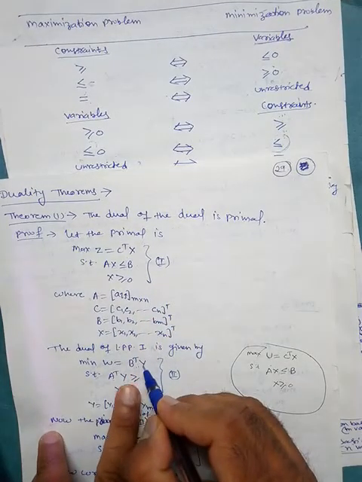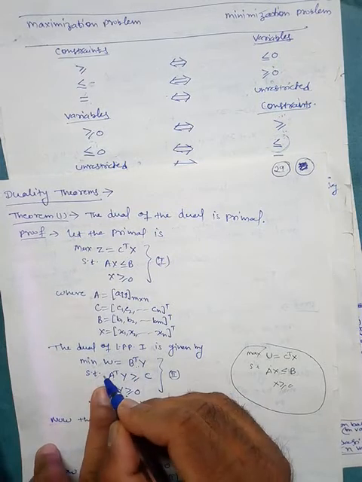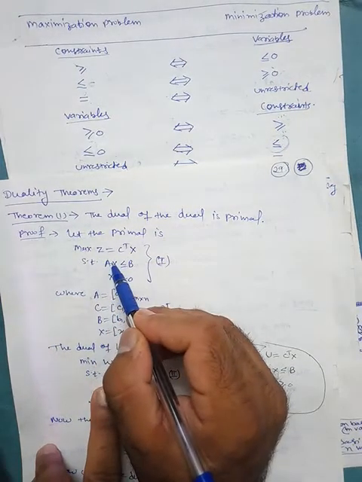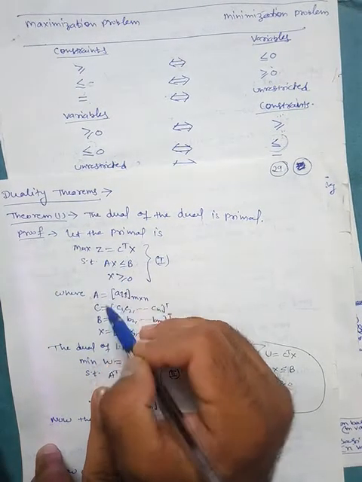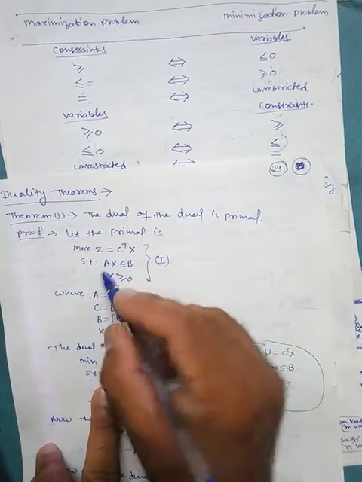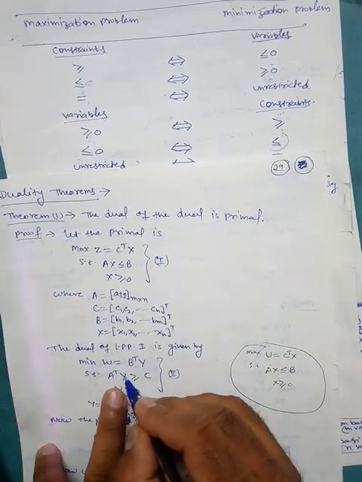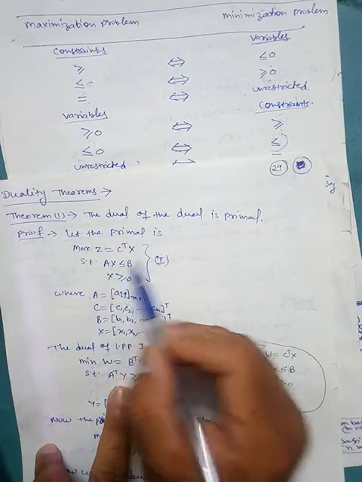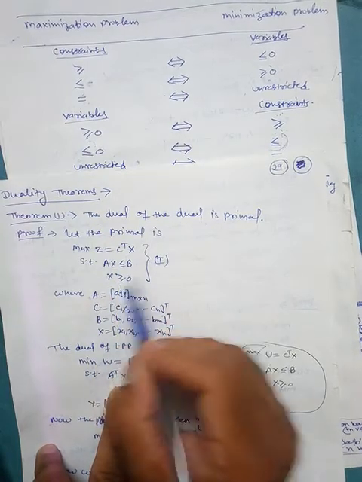That's why the column vector will be y. Subject to, now A is transposed, columns become rows and rows become columns, so A transpose y.